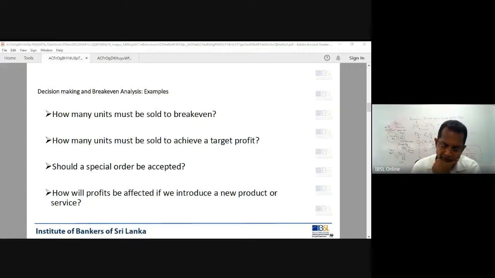I will repeat. Don't work out the sum which is in this. I just want the formula.